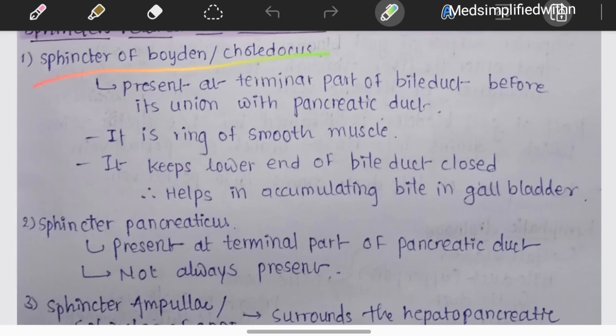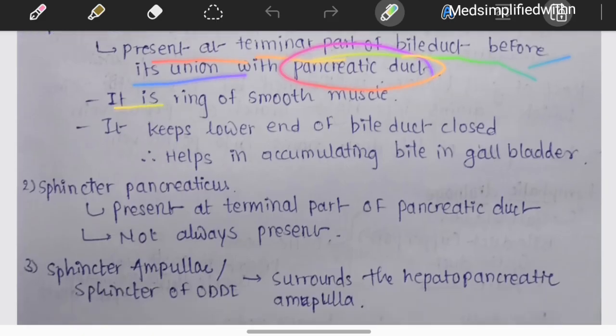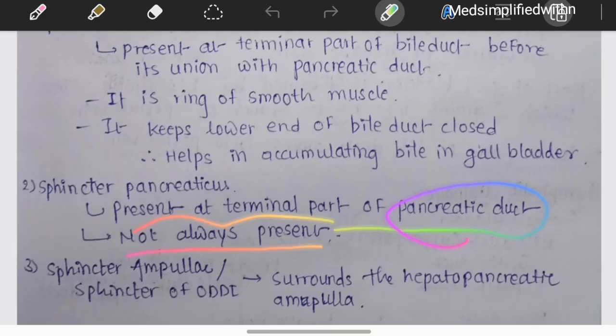First one is the sphincter of Oddi, present at the terminal part of the bile duct before its union with the pancreatic duct. It is a ring of smooth muscle. It keeps the lower end of the bile duct closed and helps in accumulating bile in the gallbladder. And the second one is the sphincter pancreaticus, present at the terminal part of the pancreatic duct, not always present.